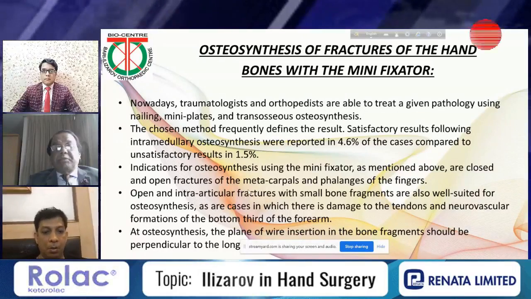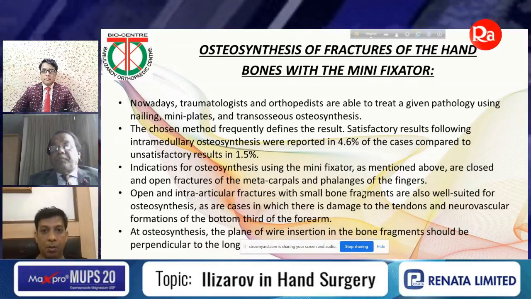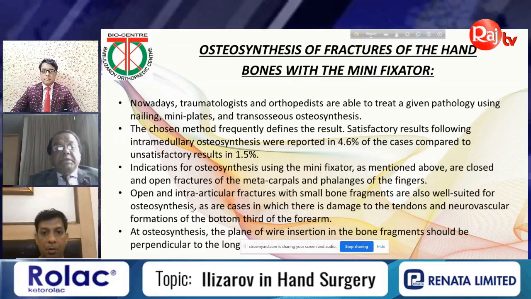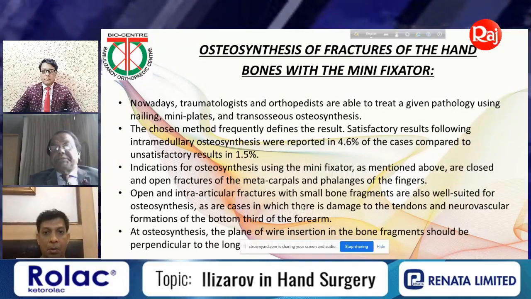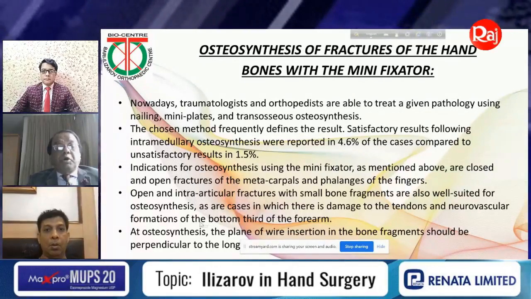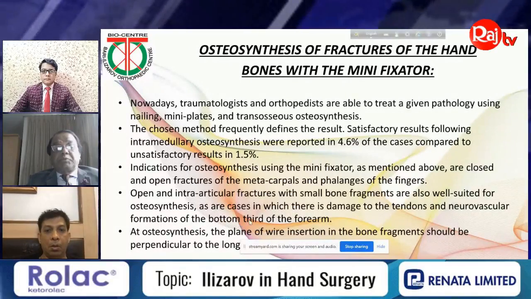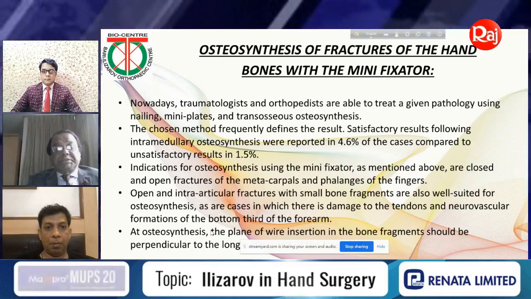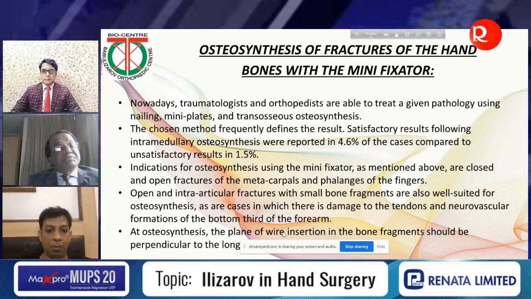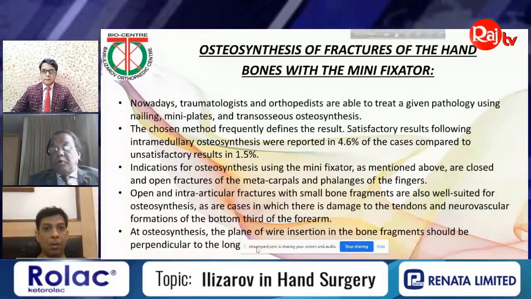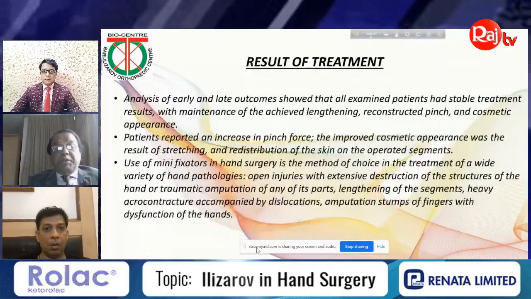Open and intraarticular fractures with small bone fragments are also well suited for osteosynthesis, as are cases in which there is damage to the tendons and neurovascular formations of the bottom third of the forearm. Whenever we are thinking about the osteosynthesis, the plane of the wire section is very important. The wires should be perpendicular to the long bones. And this is very important.